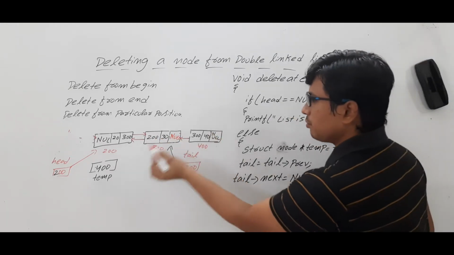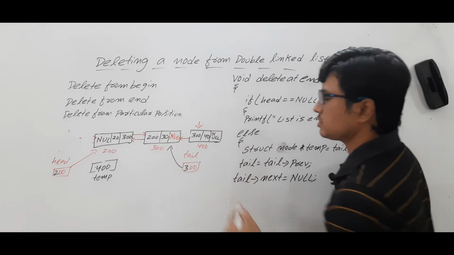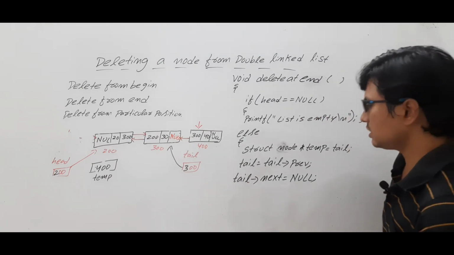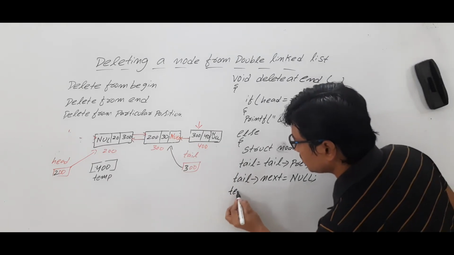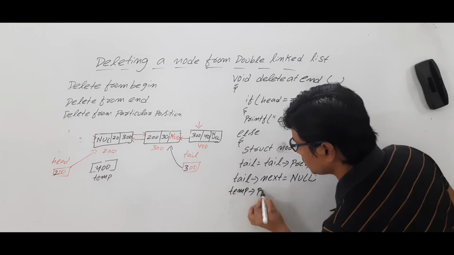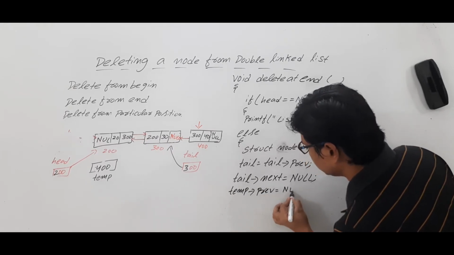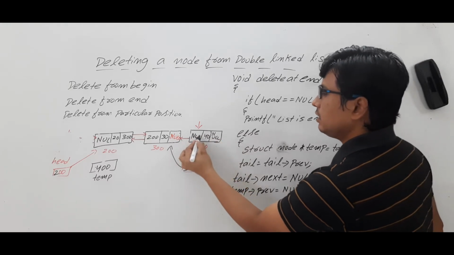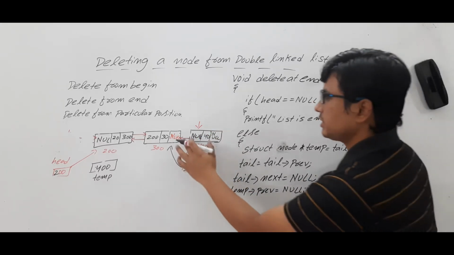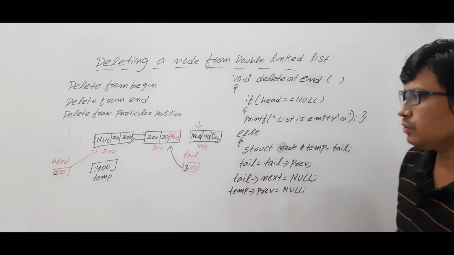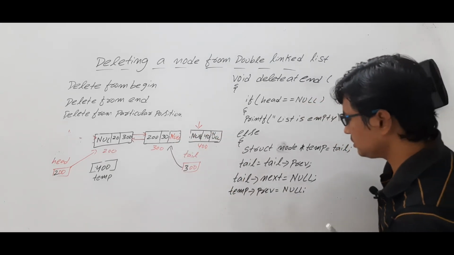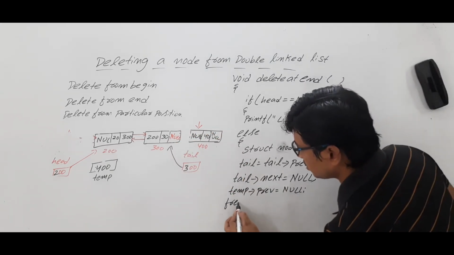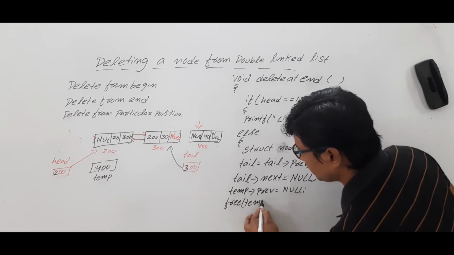So now you have a pointer called temp which is pointing to this one. So what you will do is write temp of previous is equal to null. Then this one also will become null. Is it clear? Now this link has been cut. Now you can release this memory using the function free of temp.